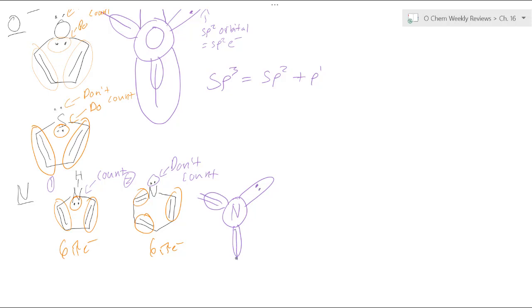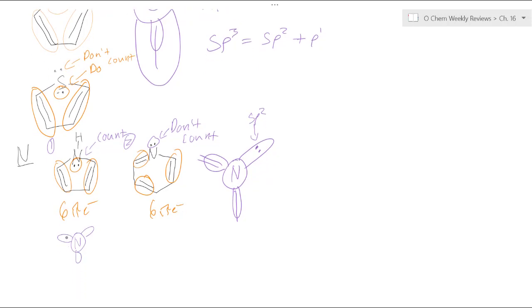So this lone pair is in the sp2 orbital, which is why we don't count it in our total pi electrons. Okay, but here, again, if we were to draw it, single bond, hydrogen bond, and then lone pair in the p orbital.